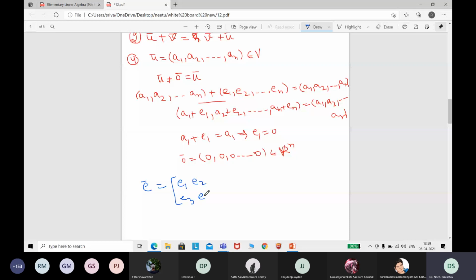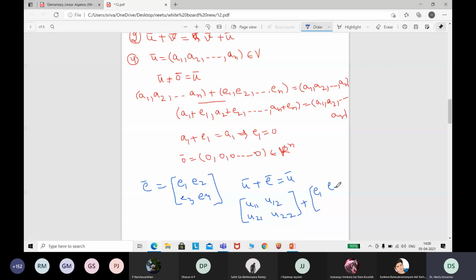Now plus E1, E2, E3, and E4 is equal to u11, u12, and so on. Add it and equate it to the slot elements. What are you getting? E1, E2, E3, E4.